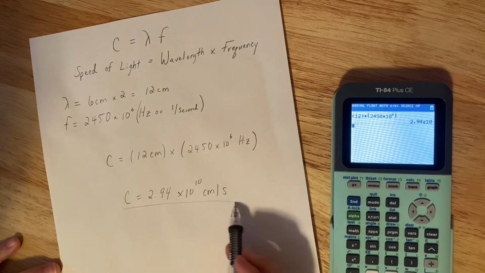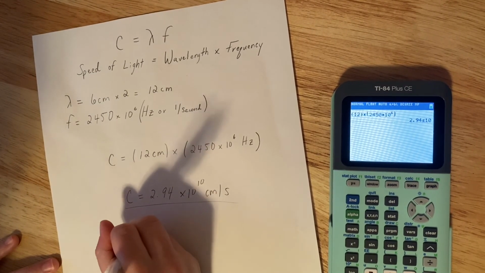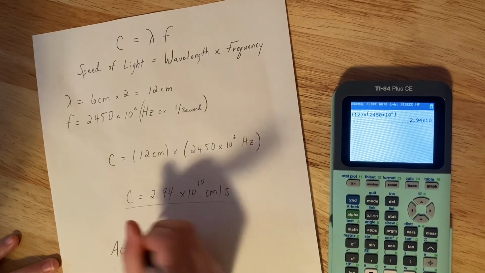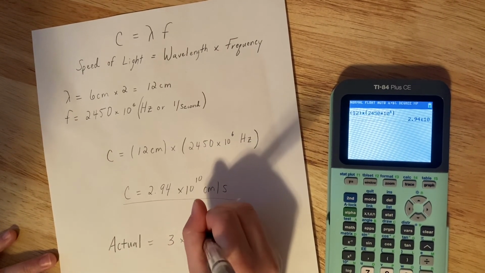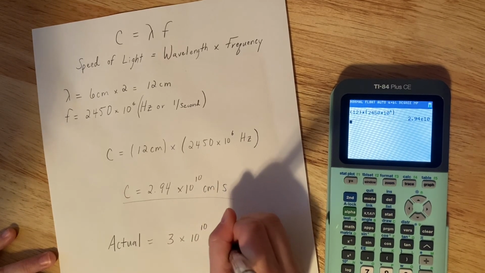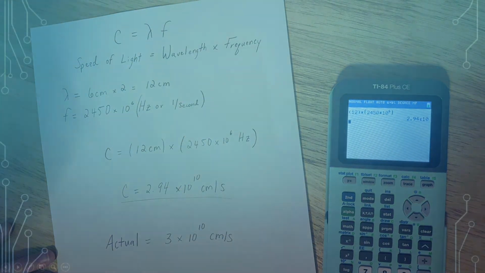Now remember, the actual recorded speed of light is 3 times 10 to the 10 centimeters per second. So our number was very close.